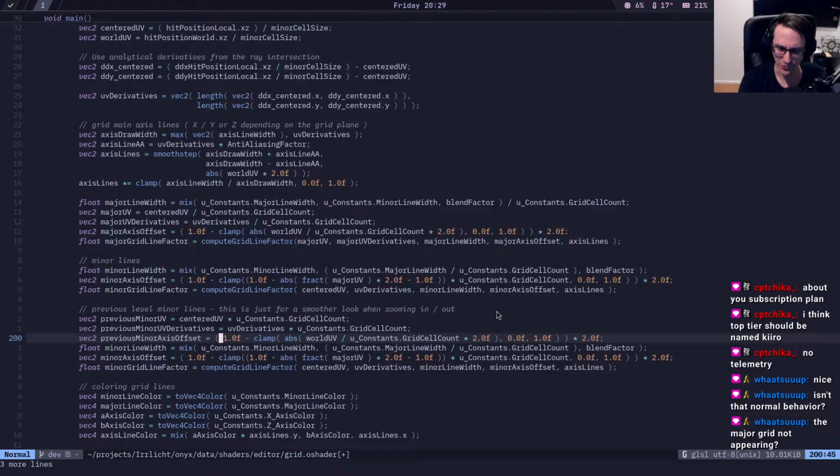That one I'm not too sure if it's correct, but that is basically what we have here, so it's basically centered UV, I think, because it needs to offset based on the minor cells, I'd say. Something like that.